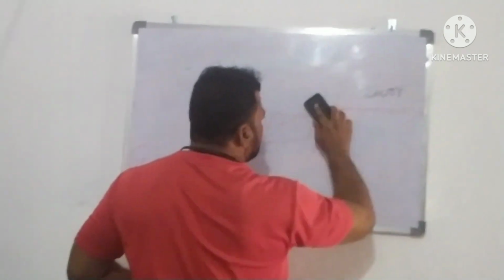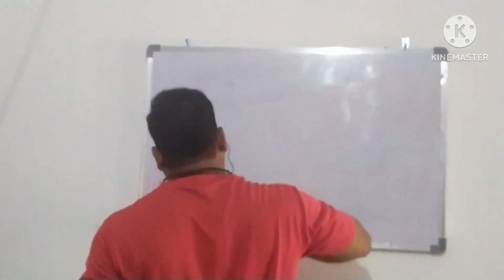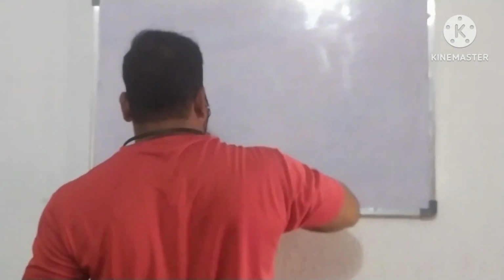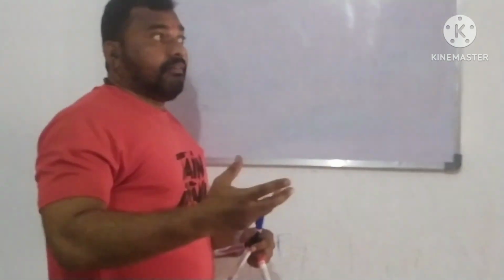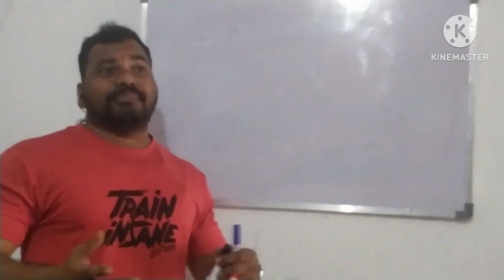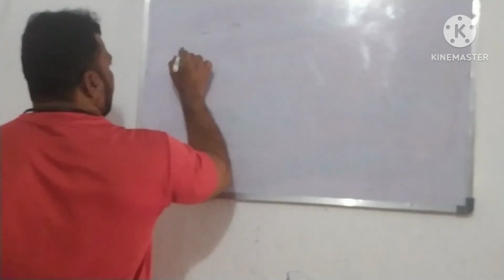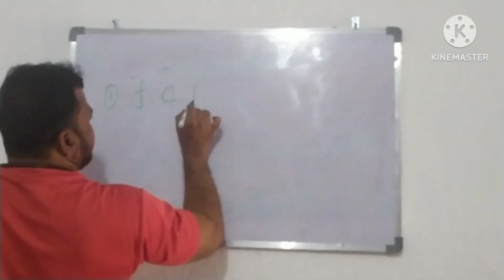So as we have 12 kinds of tenses, among the 12 tenses only 8 are changed into passive. But what are the remaining tenses that cannot be changed into passive voice? I will tell you what they are. The first one, future continuous tense.